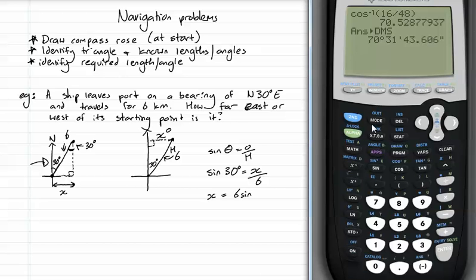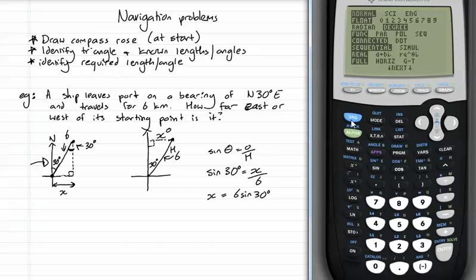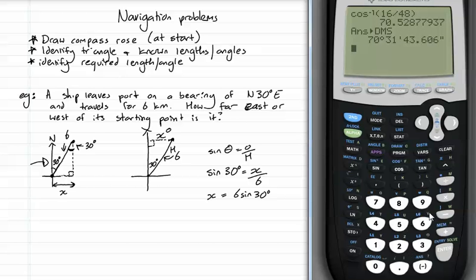And check that your calculator's in degrees mode. Yes, we are. 6 times sine of 30 degrees, and, well, that's neat. It's 3 kilometers east of its starting point.